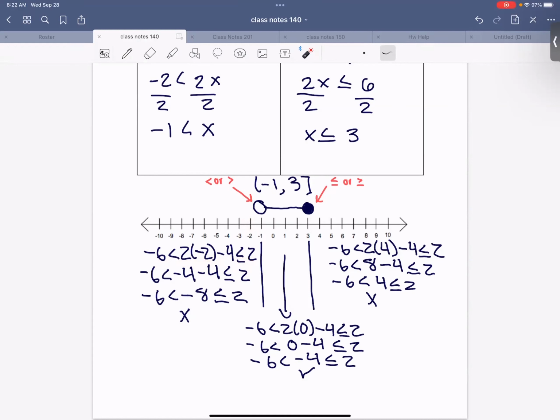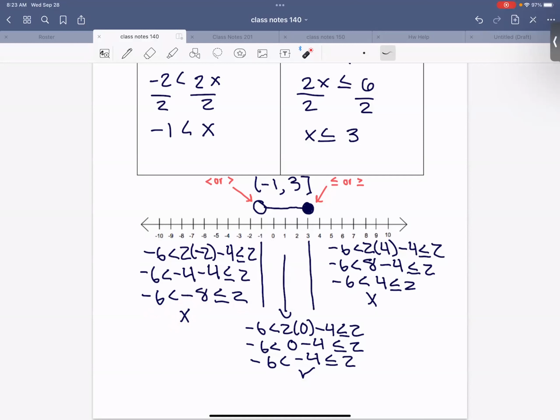You would get -6 less than -4 minus 4 less than or equal to 2. And then -4 minus 4 equals -8. So you have -6 less than -8 less than or equal to 2. That's not right because -8 is greater than -6.